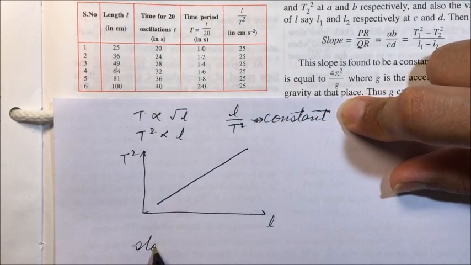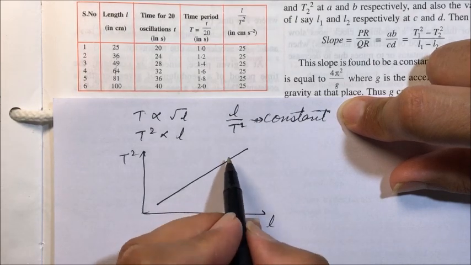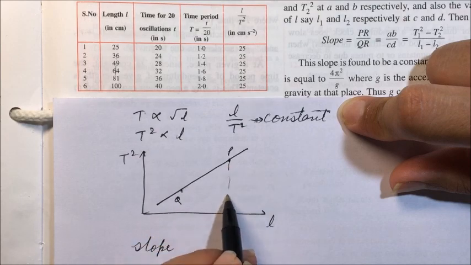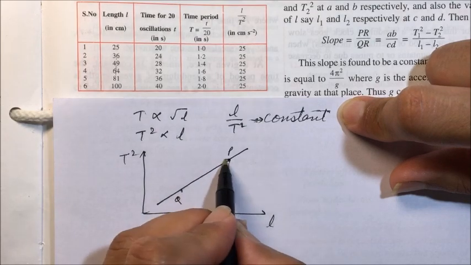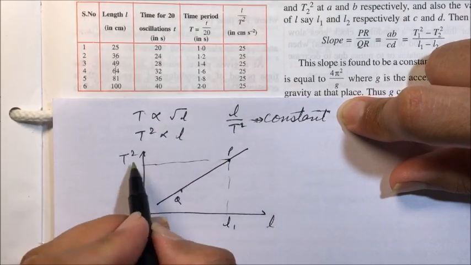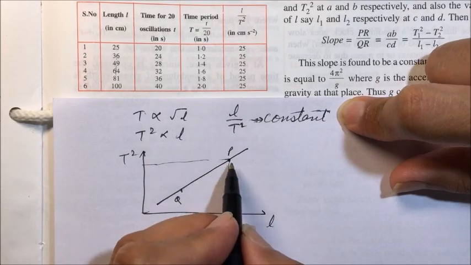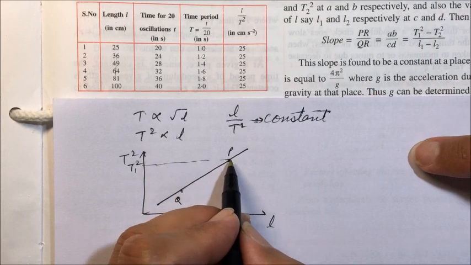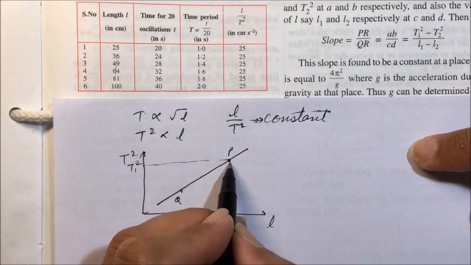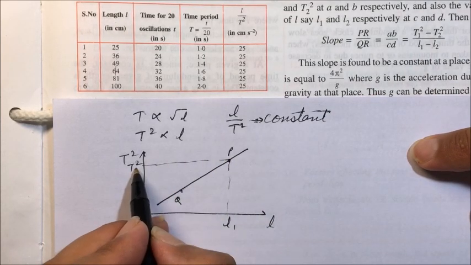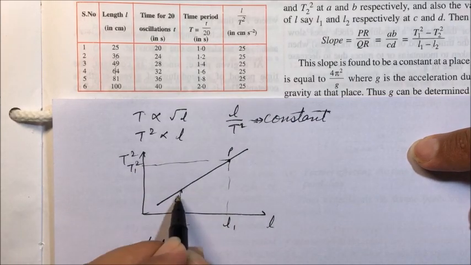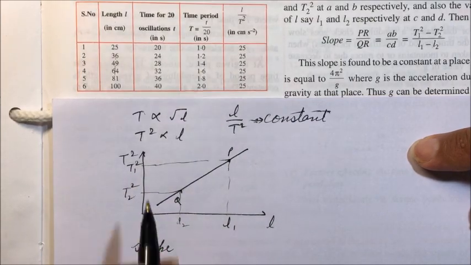Slope, how to calculate? We will take two points here, P and Q. Corresponding to P, length is L1 and time is T1 square. Corresponding to L2, it will be T2 square.